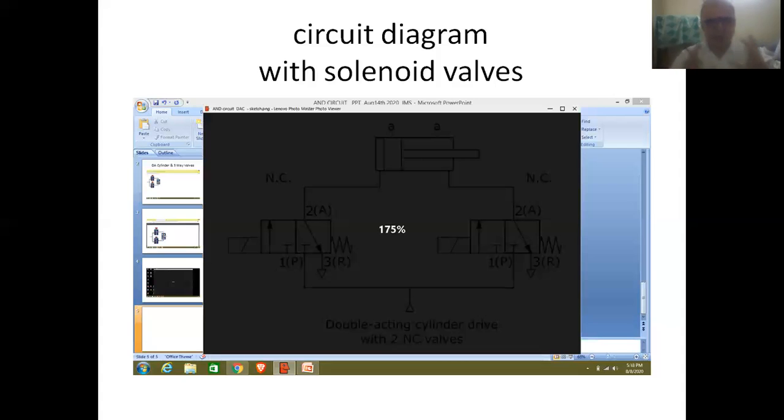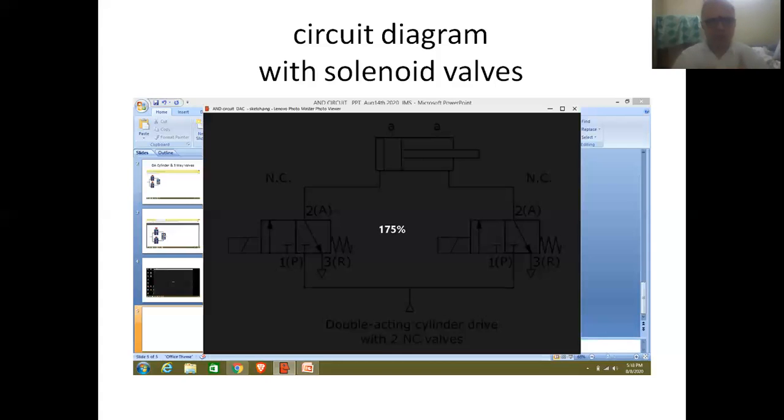So therefore, this is called as one cycle of operation, and these cycles of operations will continue repeatedly as long as the circuit is in operating condition.